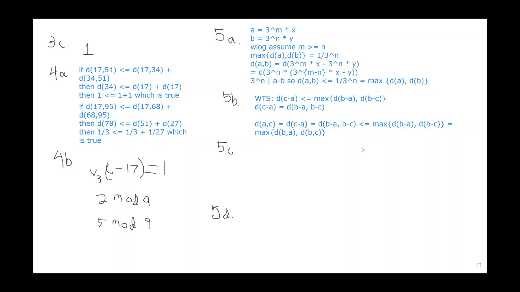Let's take a look at 5C. So we want to prove the triangle inequality. I can take a look at it first. So the max of d of AB, d of BC is less than d of AB plus d of BC if and only if A is not equal to B is not equal to C. I believe that's correct.